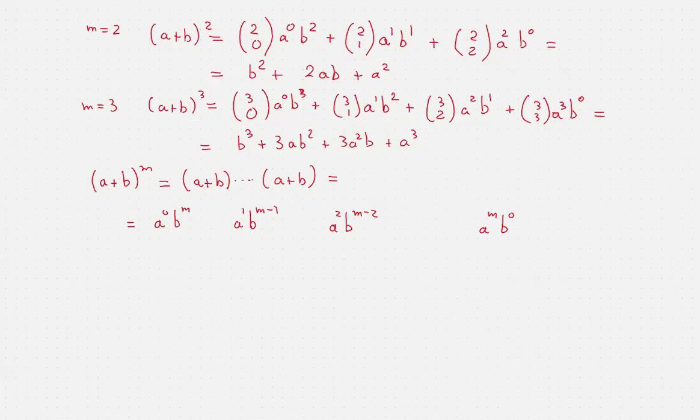So that's why here the coefficient is m choose 0, and then the coefficient is m choose 1, and then m choose 2, and so on till the very last one where the coefficient is m choose m. And that pretty much is a simple combinatorial interpretation of the binomial theorem.